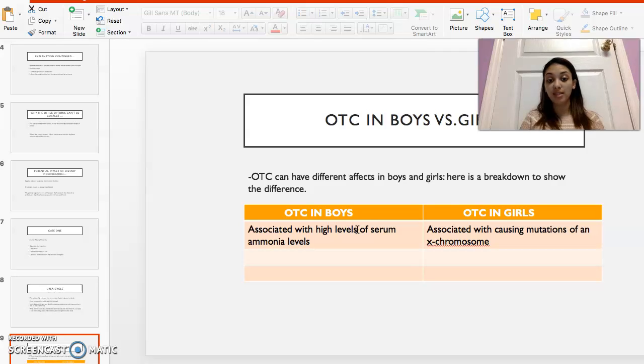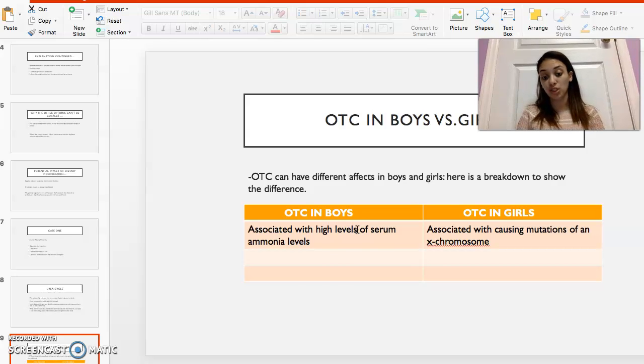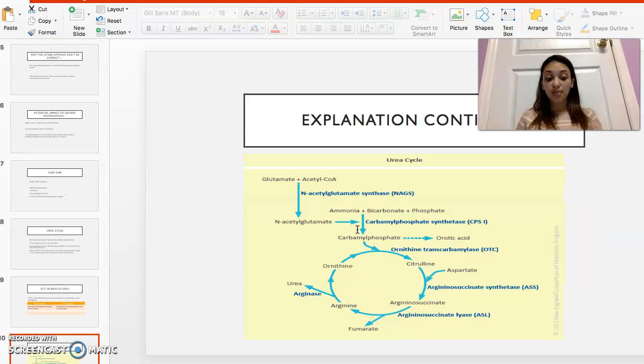In boys, it's associated with high levels of serum ammonia, and in girls, it's associated with mutations of the X chromosome, and this could lead to something like apnea. Glutamine increases, and glutamine levels are normal in beta oxidation defects, with levels ranging from 500 to 750. Those are normal ranges.